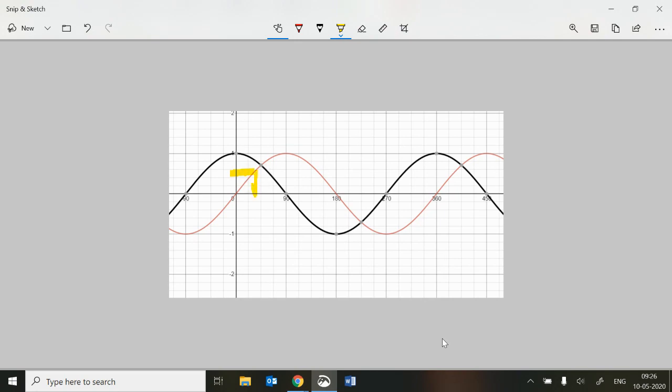Your calculator will give you this answer. It will not give you this answer over here, but you will be required to work those ones out as well. These are all x values which give you a height of 0.5. So if you're solving sine of x equals 0.5, and you're allowed to go beyond 90 degrees, you'll have to use your graphs on your calculator to find those other values.